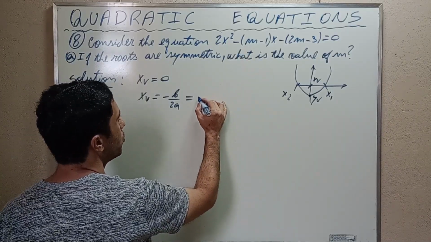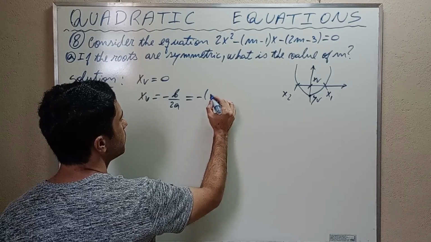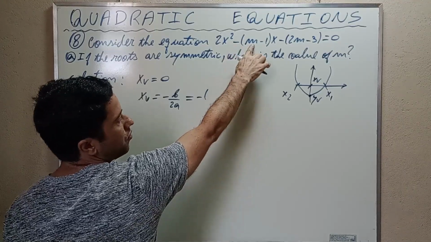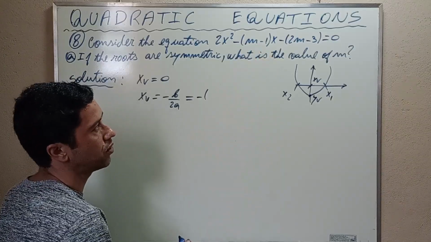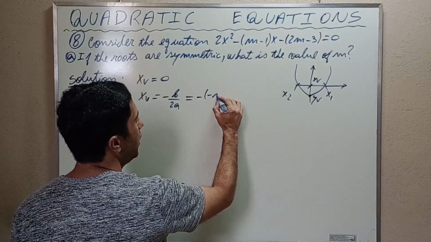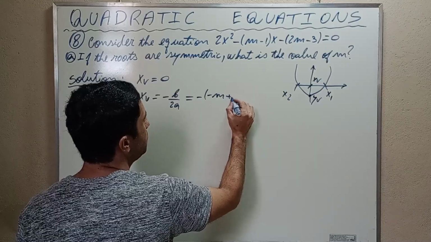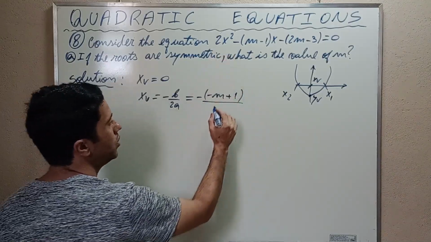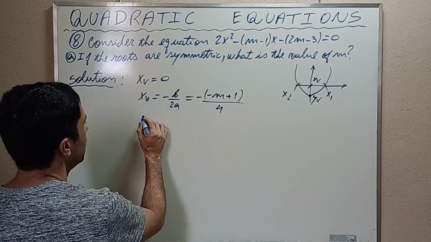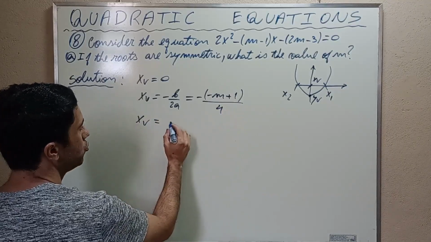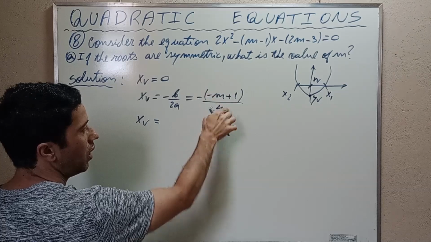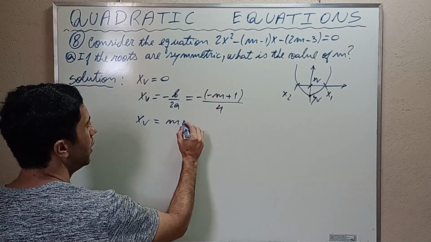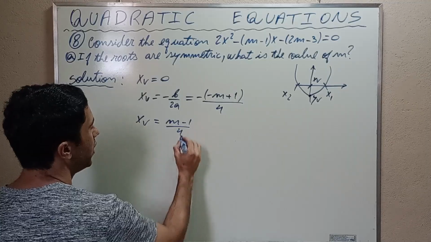So b is equal to negative, I pass this negative sign inside, alright? Minus m plus 1 divided by 2 times a. 2 times 2 is 4. xv is equal to, now I change the sign again, m minus 1 divided by 4.